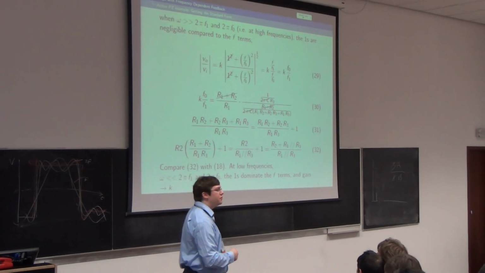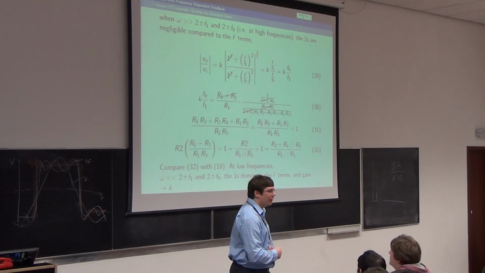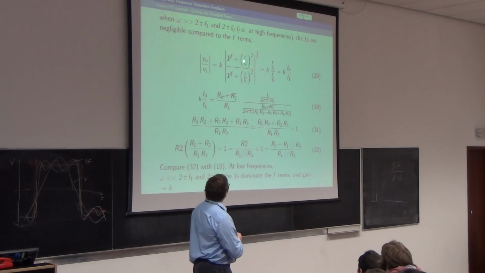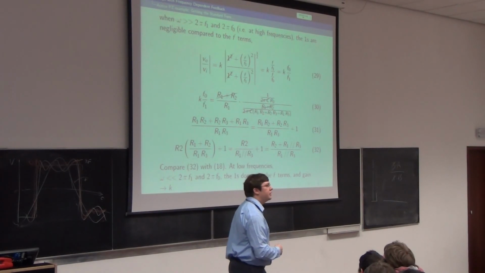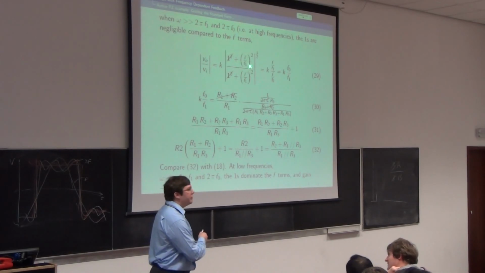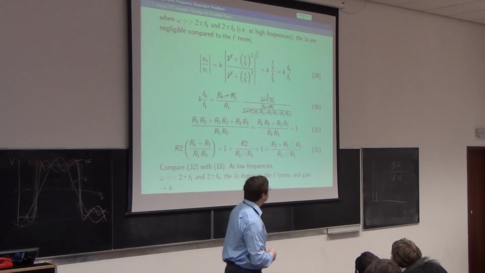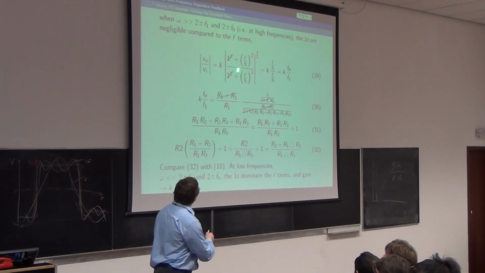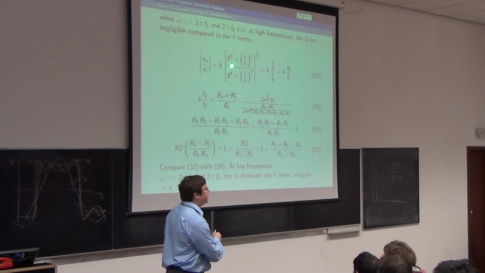So f over something squared, big numbers, 1 squared, 1. But on the other hand, when f is very small, f much less than 1, f squared is pretty tiny, 1 squared is still 1, quite big. So at high frequencies the f's dominate, at low frequencies the 1's dominate.